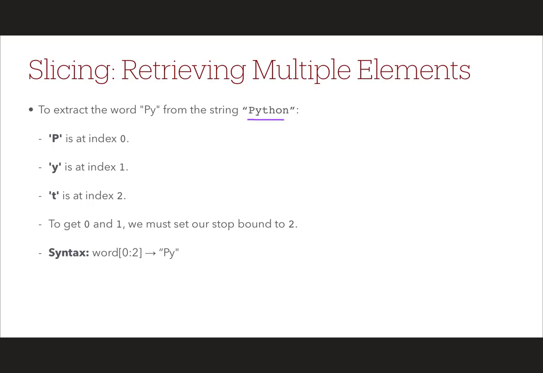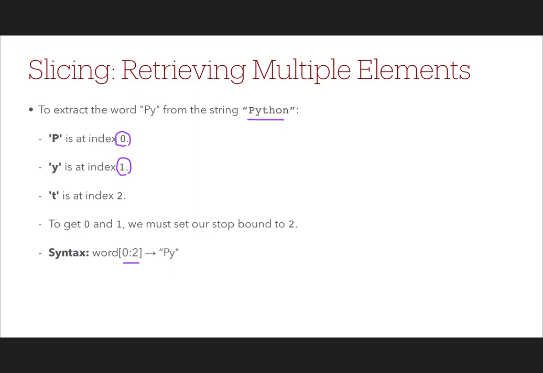So if I want to access, say, the first two letters, P and Y, then since the index value corresponding to P is 0 and the index value corresponding to Y is 1, I need to use the slicing with 0 and 2, because the letter corresponding to 2 is excluded.